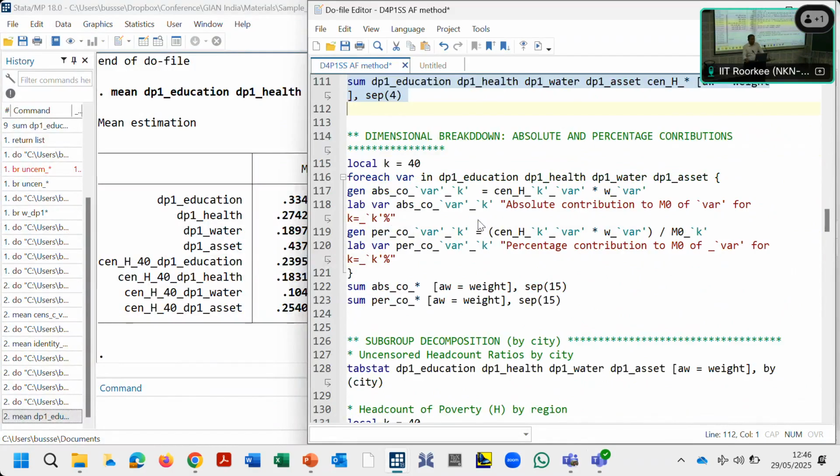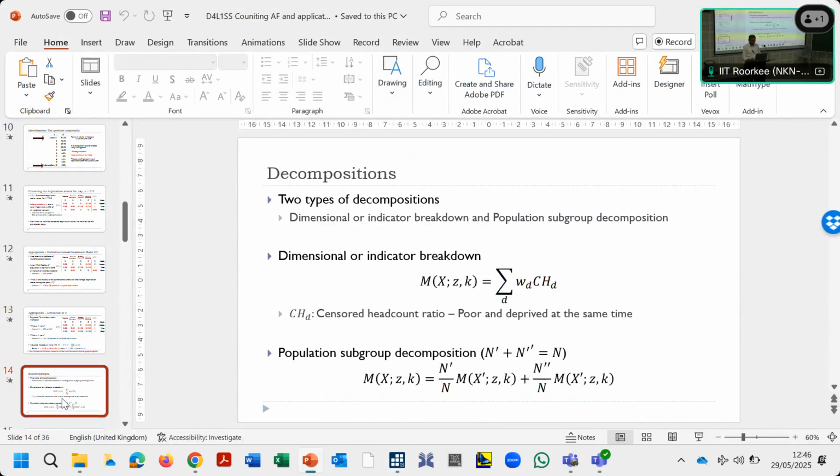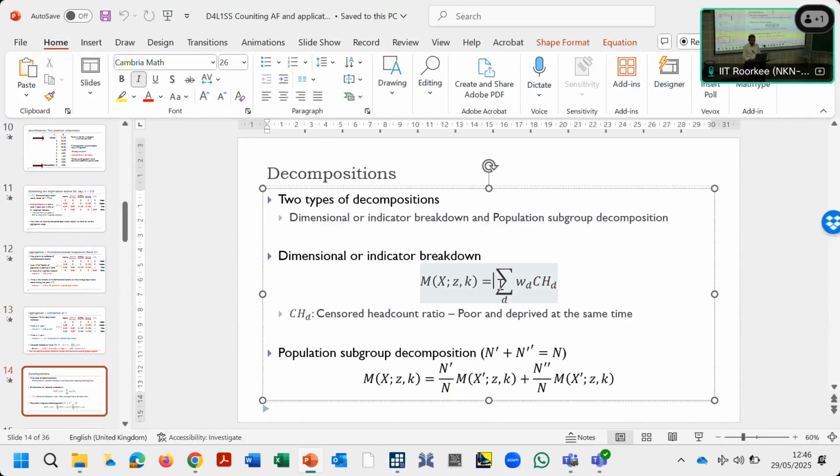No? Okay. Now let's try and see how to compute dimensional breakdown. Yeah, absolute and percentage contribution. Okay. Now, if you remember, going back, this is what we had, right?